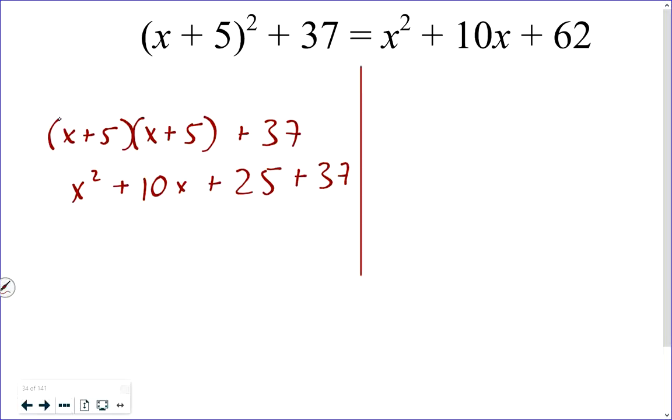And then we simplify that. Let me think. What's 25 plus 37? Oh, it's 62. And what we would do at this point if we were asked to prove that the equation is always true is at the bottom we would say the left side is equal to the right side, so our job is done. Okay?